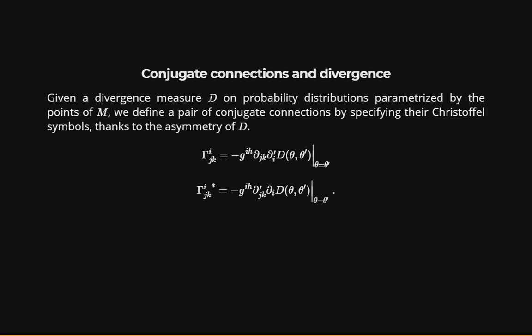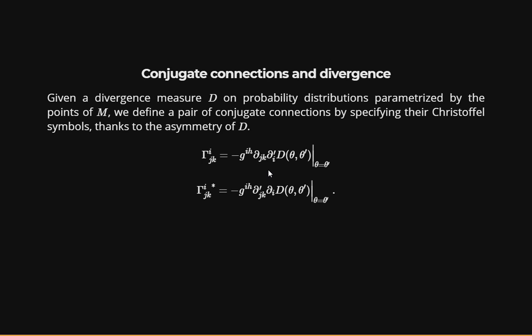So in the end, you are writing everything in terms of the partial derivatives of D. Now, having an explicit formula, it's not difficult to show that these two connections are conjugate.